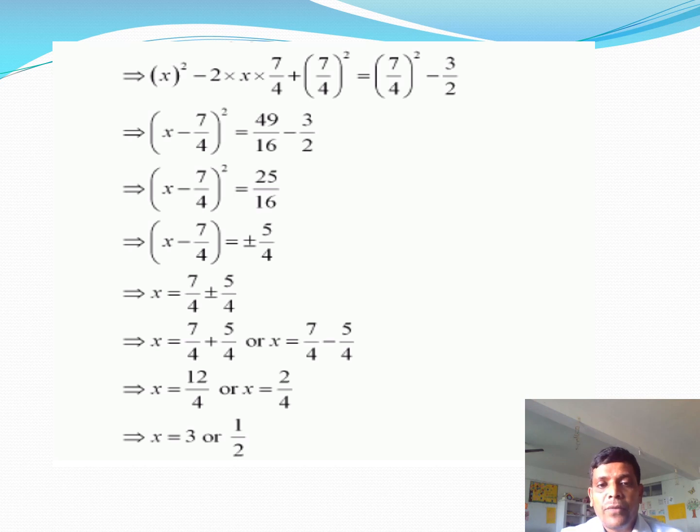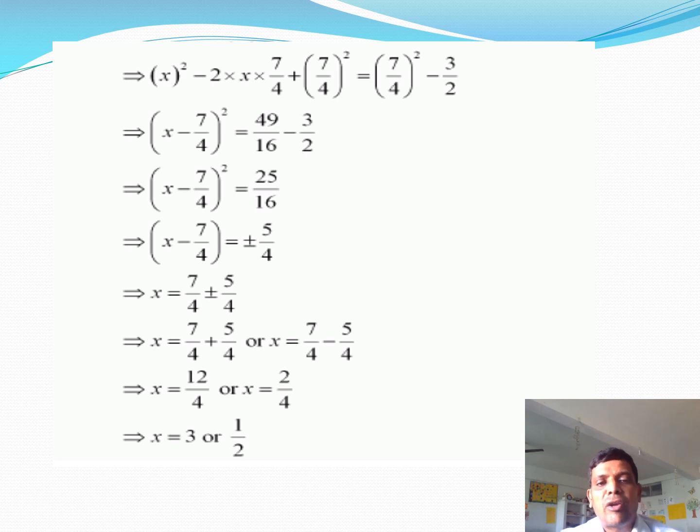Then 49 by 16 minus 3 by 2 gives 25 by 16. Taking the square root, root 25 is 5 and root 16 is 4.